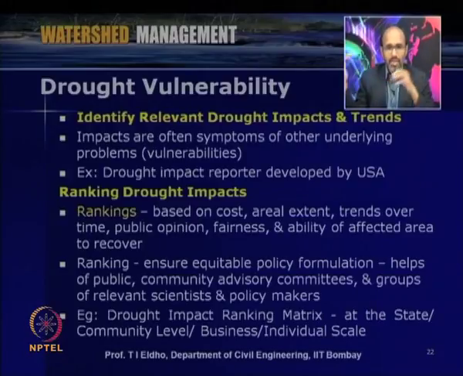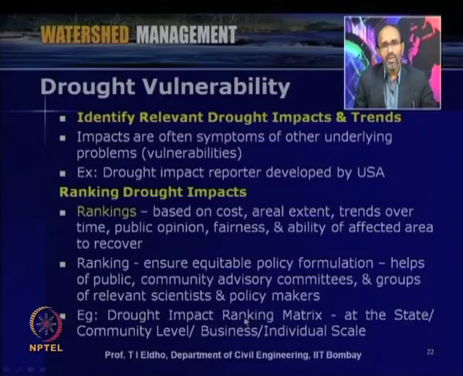So, we can have this kind of ranking so that we can have equitable policy formulation that helps public and community advisory committees and groups of relevant scientists and policy makers. These kinds of ranking of drought impact is very important.